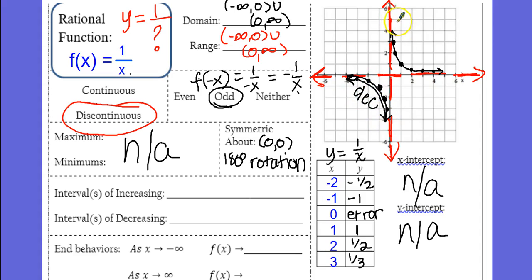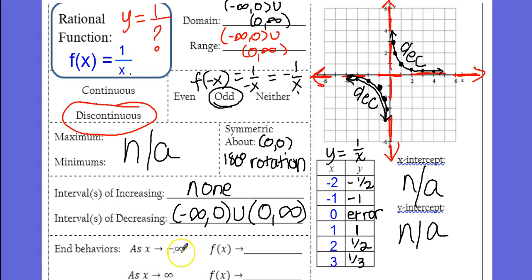As I read this side, left to right, what's it doing? They are both decreasing, except there's a break. So there's no increase. And it's decreasing from negative infinity to 0, union with the other side, 0 to infinity. So it's got that break in it, discontinuous.